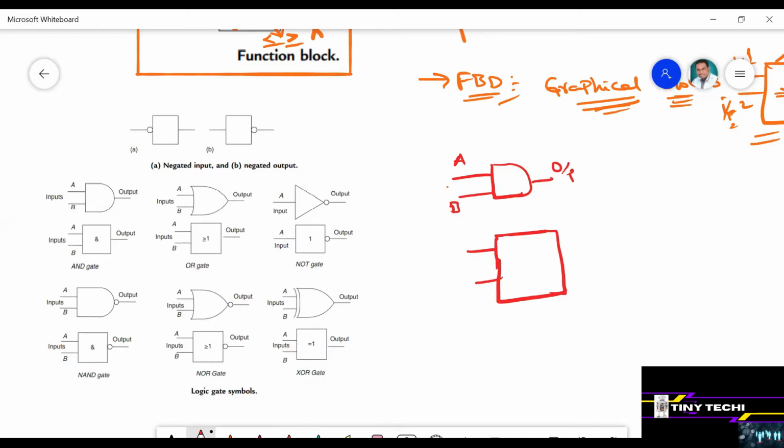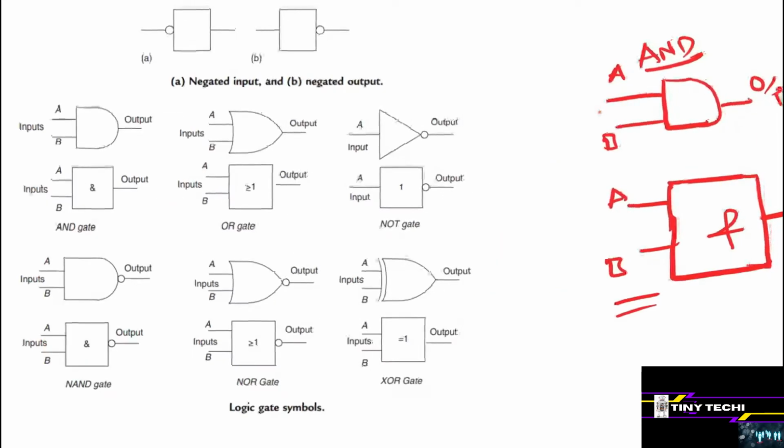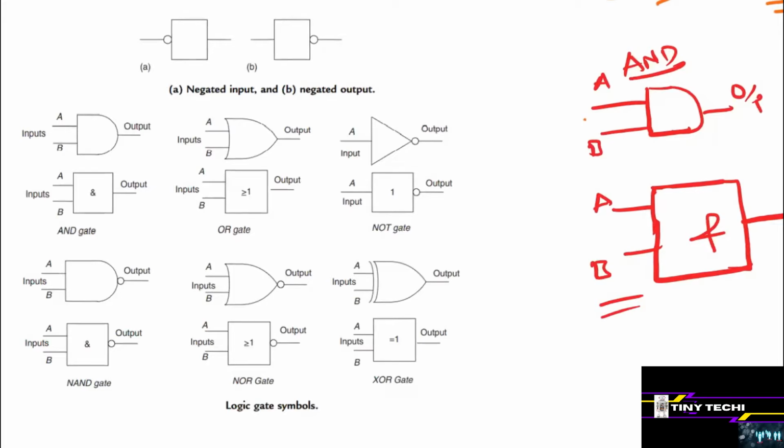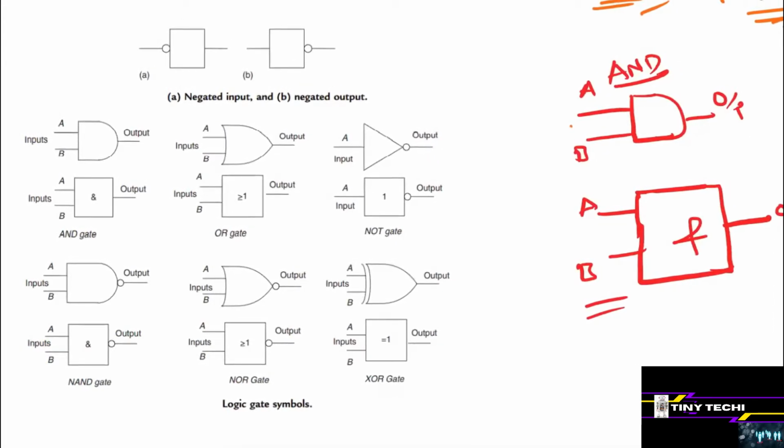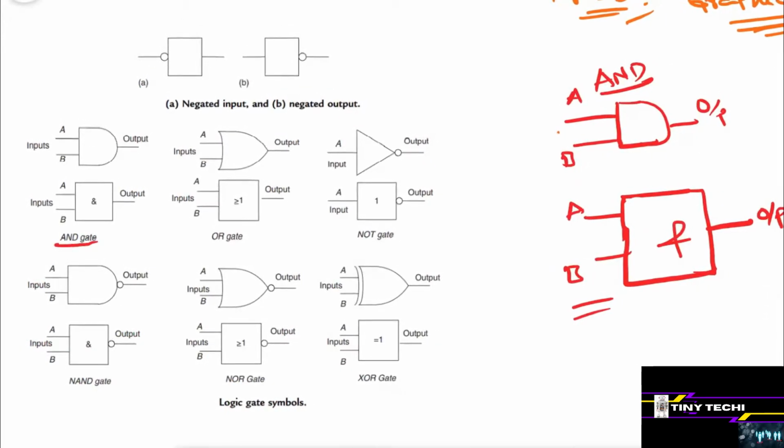Two inputs, A and B, one output. What logical operation do we have to perform here? An AND operation. So we put the AND symbol, the ampersand symbol, for AND logic in function block diagram. Likewise, we have the other gates here. AND gate, OR gate we represent like this.